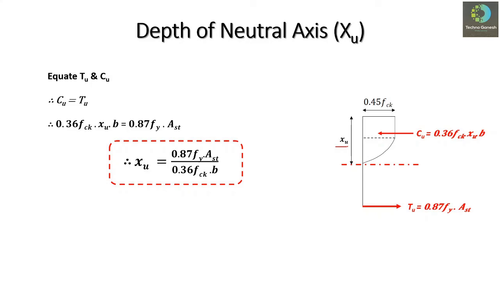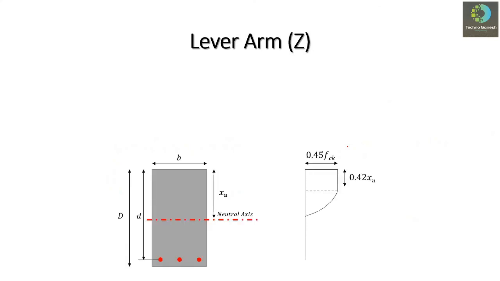Then one more concept is the lever arm. As we have seen, the total compressive force and total tensile force develop in the section, and the compressive force acts at the CG of the stress block, and the tensile force acts at the CG of the tensile reinforcement.